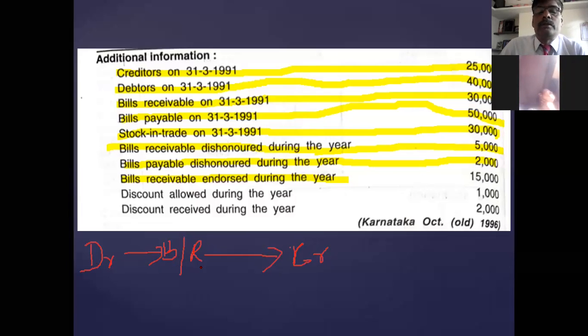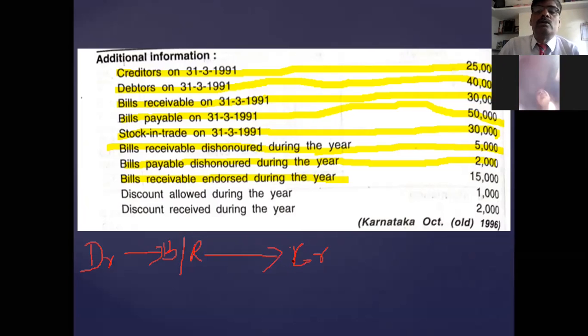Afterwards, if the same bill is given to a creditor, that is called endorsement. Therefore the creditor receives the bill. So creditor balance reduces and bills receivable also reduces.